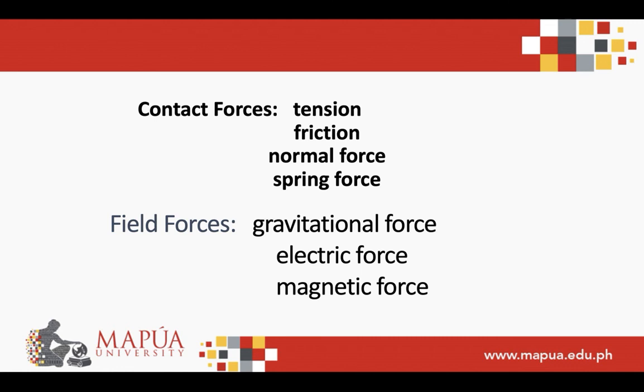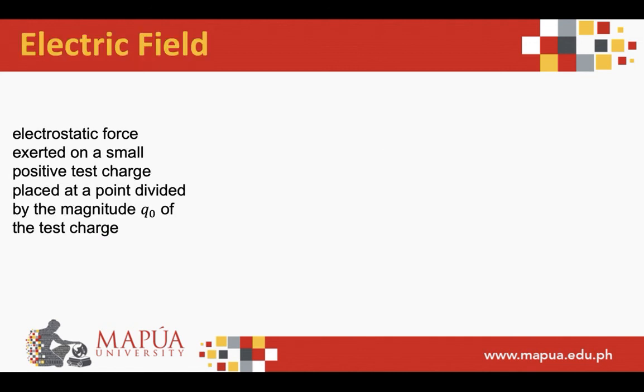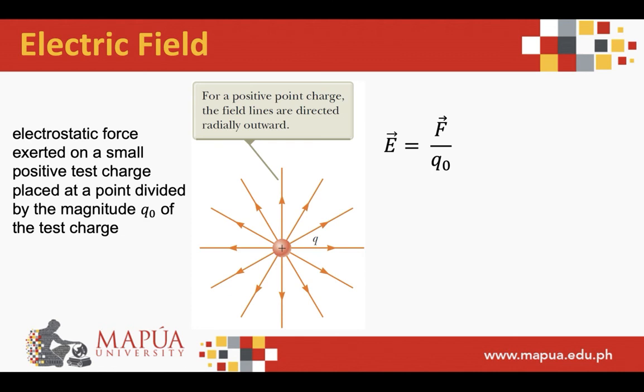Some are caused by gravitational forces, electric forces, magnetic forces. The electric field is the electrostatic force exerted on a small positive test charge placed at a point, divided by the magnitude Q sub O of the test charge.